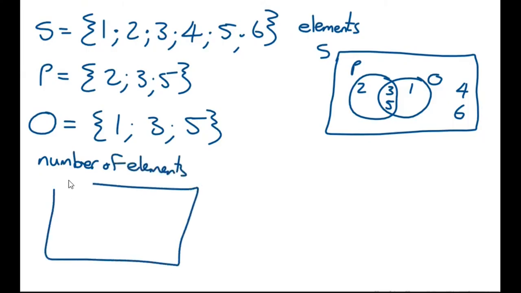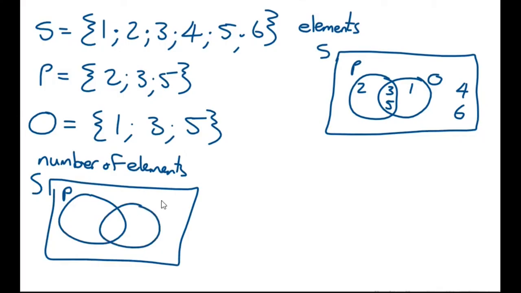Okay, so the same situation, got my sample space, got my prime numbers, got my odd numbers. Now we're just going to say how many things are in each section. So do you see that there was only 1 thing in the prime only? There were 2 things in the overlap, the intersection.